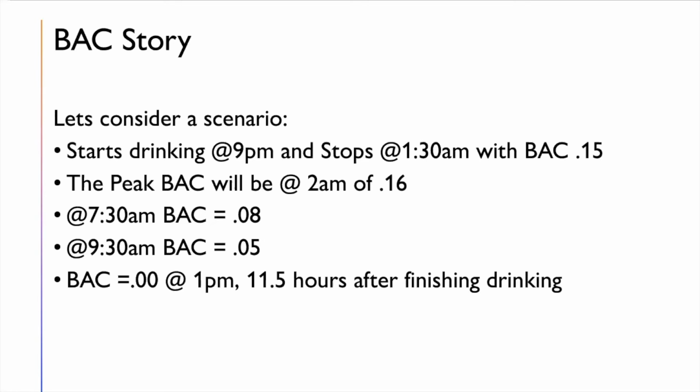After that, at 7:30 a.m., the blood alcohol concentration level will be 0.08, and then at 9:30 a.m., blood alcohol concentration level will be 0.05. And finally, the blood alcohol concentration will be 0 at 1 p.m., 11.5 hours after finishing drinking.